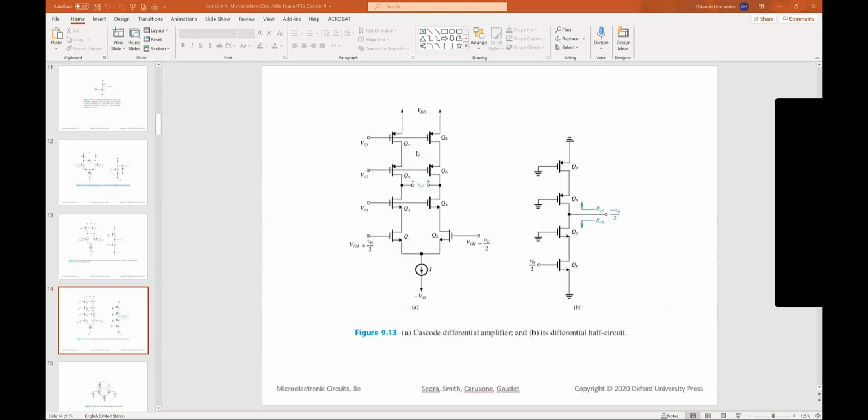We have the loads. Remember, we ended up with a gain cell that was 4 transistors: a common source with a cascoded pair, and then the load also cascoded to improve the gain without detriment to the output resistance. So next we're going to talk about that technique in the context of the differential pair.